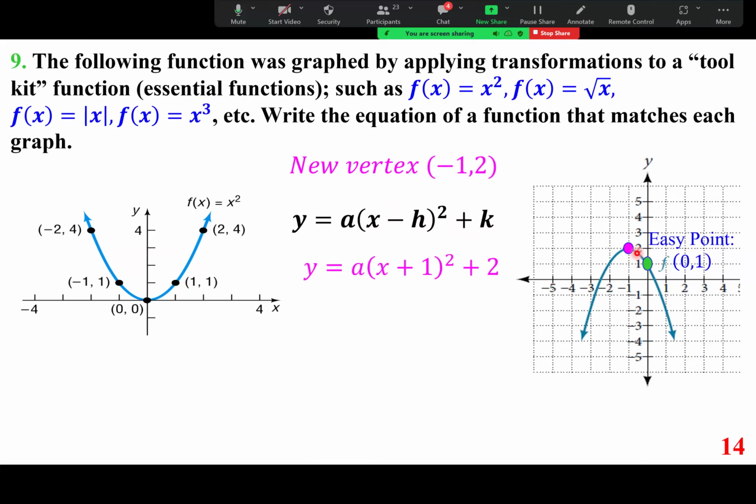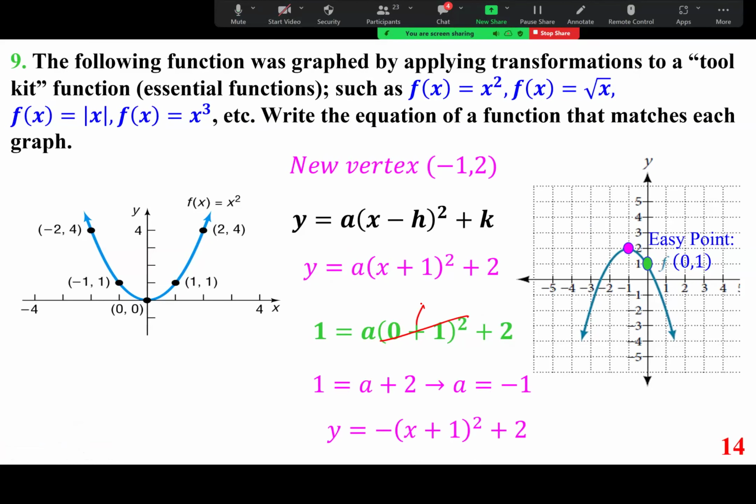You don't have to pick that point, but that seems to be one of the easiest ones. So replace the x with 0, y with 1. This is 1 squared is 1, a plus 2 is 1. So this whole thing becomes 1. A plus 2 is 1, a is negative 1.